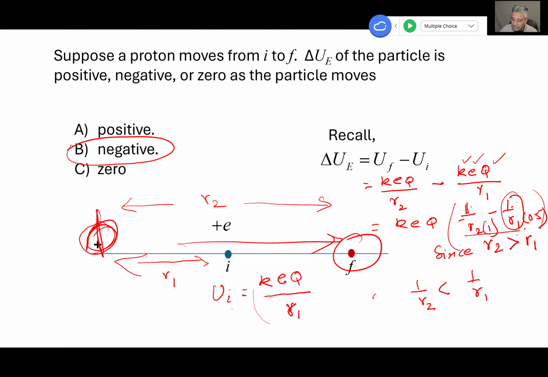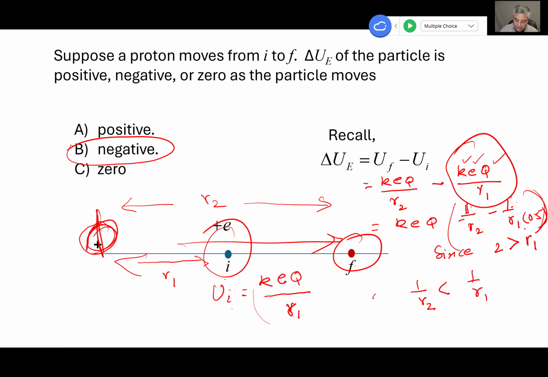So the difference is going to be negative here because you are subtracting a larger number. Why is the second term larger? Because it is closer. When it is closer to the charge, what happens? Potential energy is more.